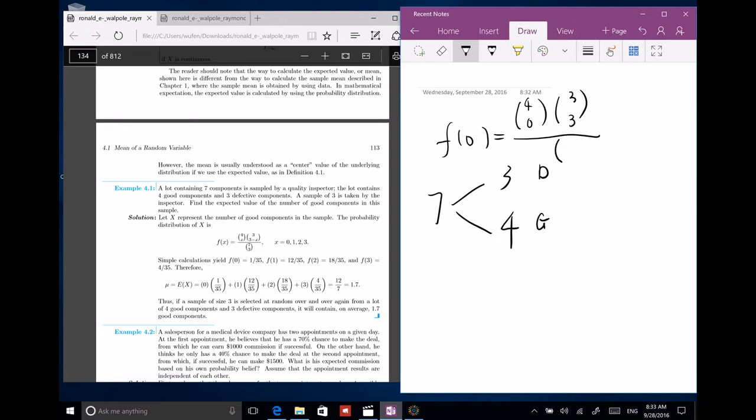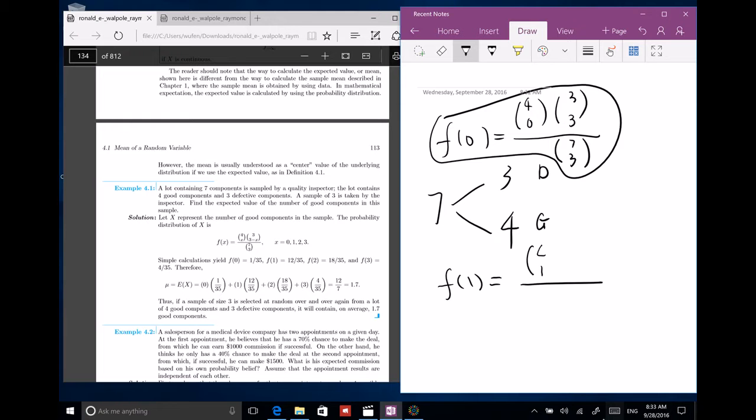The total is choose 3 from 7. You do the same for f(1): choose 1 from 4, choose 2 from 3, over choose 3 from 7, the total.